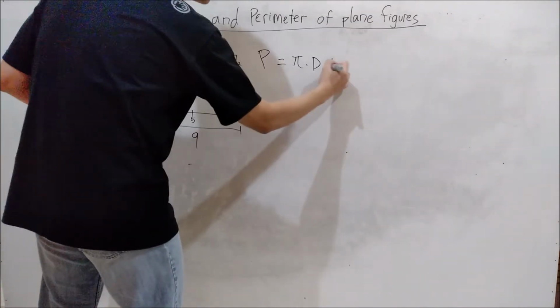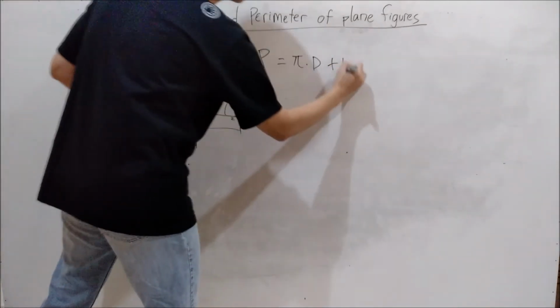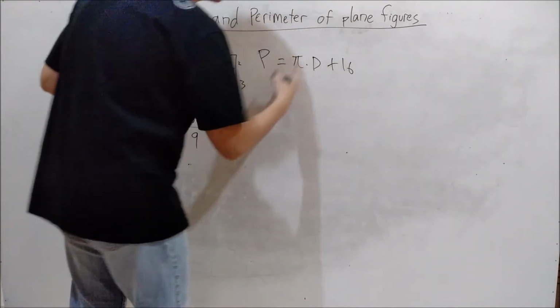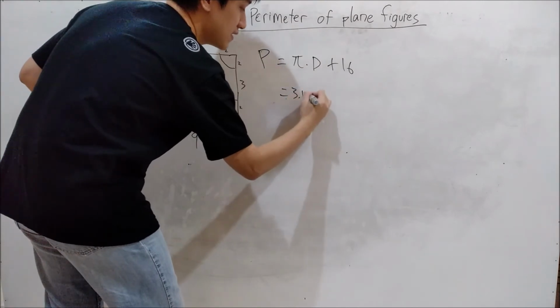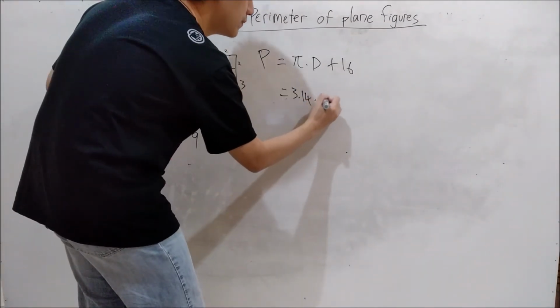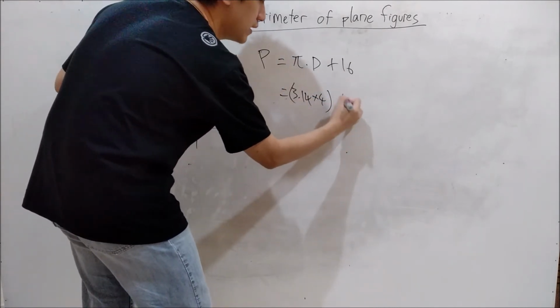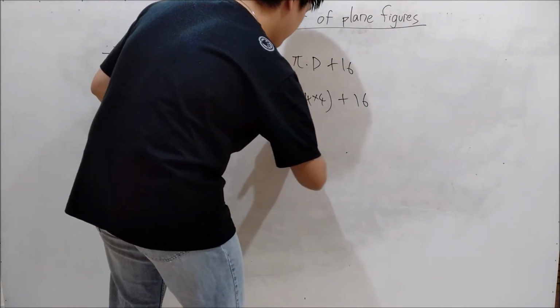And then you will add 5, 3, 5, and 3, so it will be plus 16. What you will do is use 3.14. Since the diameter is 4, it is 3.14 times 4 plus 16.